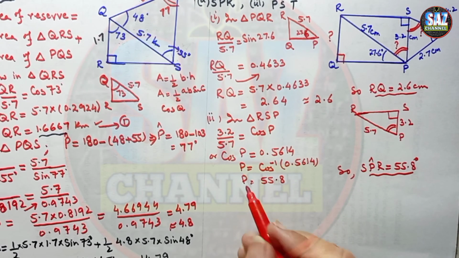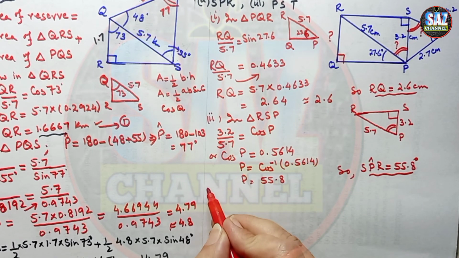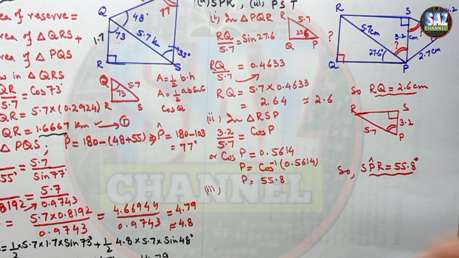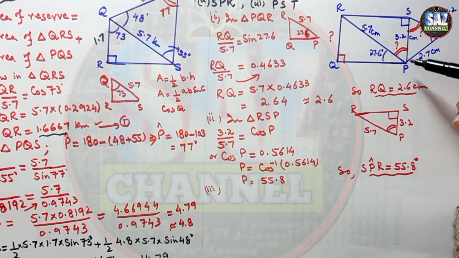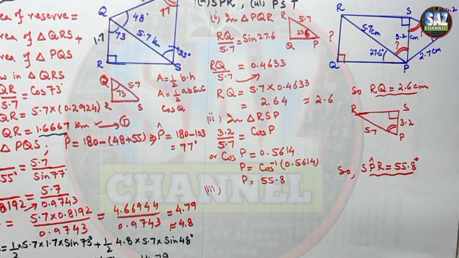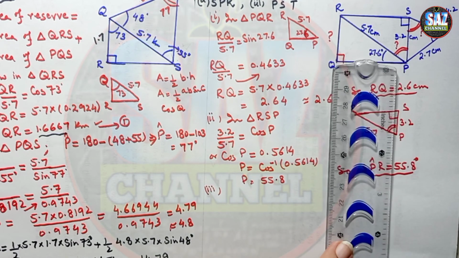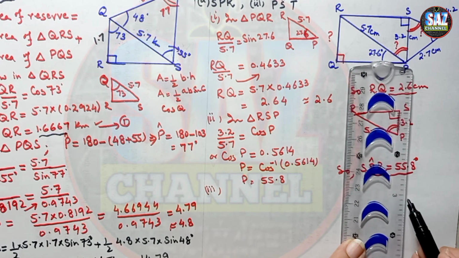And now let's move to the third requirement of the question, that is angle PST. For angle PST, you can see that it is in this triangle, which is not a right angle triangle. So let me first draw the figure over here, PST.